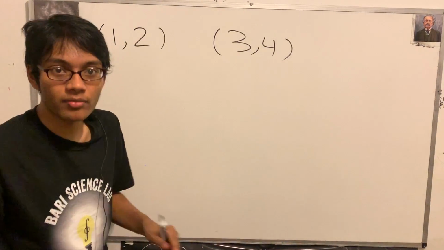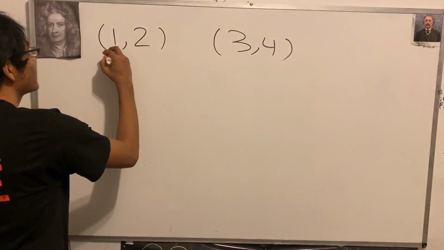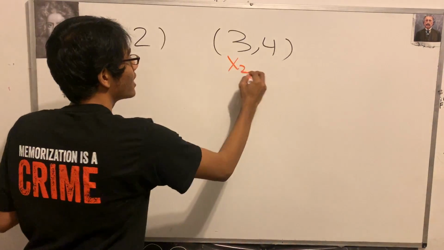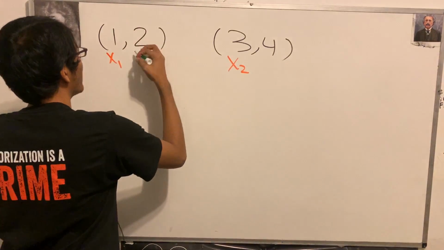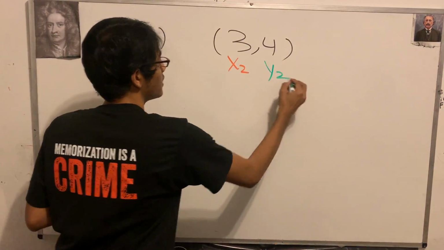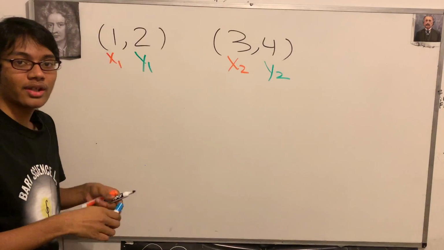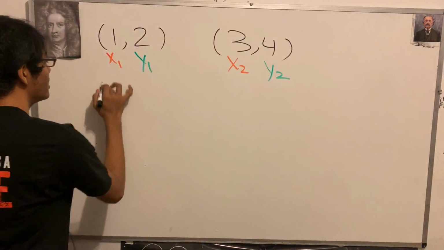Well, hopefully you remember from your algebra class, we can designate each of the x coordinates as x1 and x2, and we can designate each of the y coordinates as y1 and y2. And now we can simply use the Pythagorean theorem. And what does the Pythagorean theorem tell us?